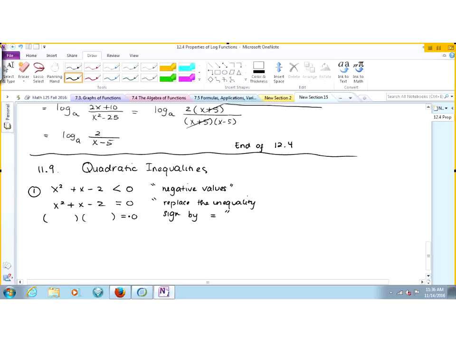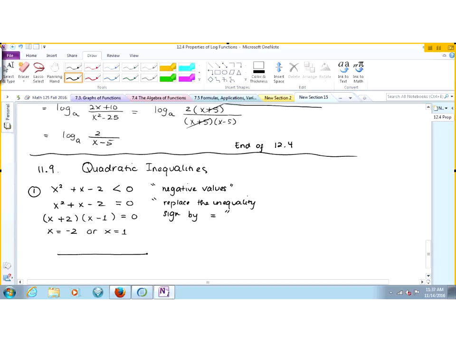So then what would this be? Is it factorable? Negative 2 and 1. So what is this? x plus 2, x minus 1. By the way, you guys don't have problem factoring, right? Okay. So x is equal to negative 2 or x is equal to 1.